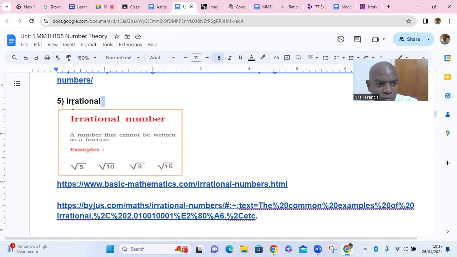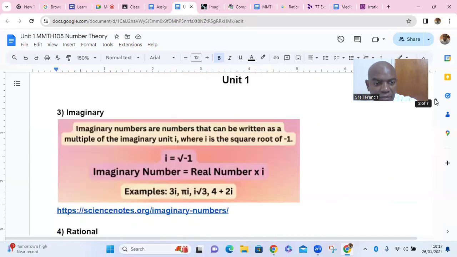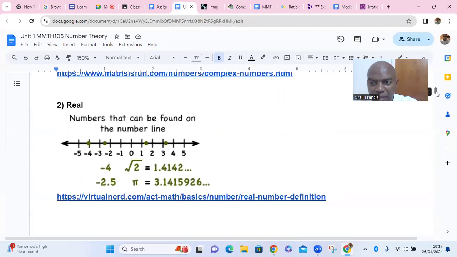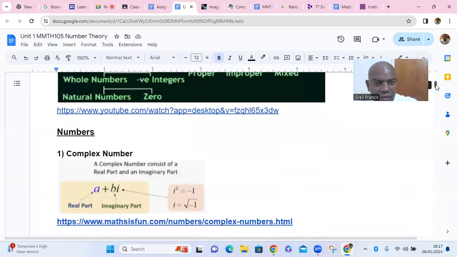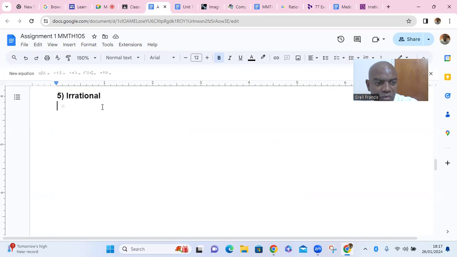If you want to list an example, I'm going to list an example so that you can use it to pattern in the assignment. So look, we have it there already.